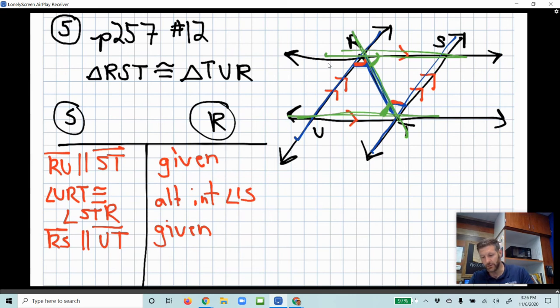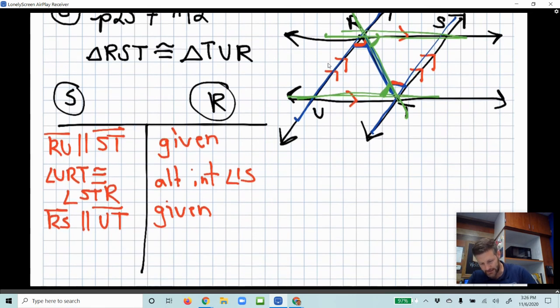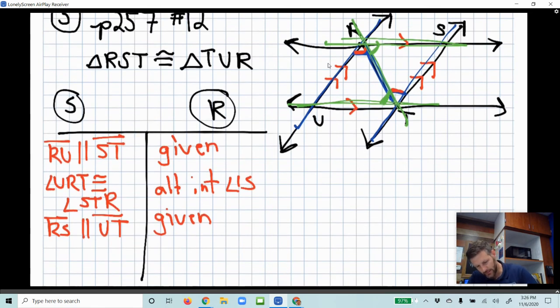So that means I've got another set of congruent angles, and their names are angle SRT is congruent to angle UTR. It's getting a little messy there, but we'll figure it out. How did I know that?